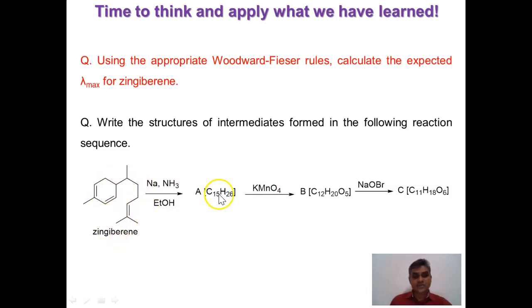So dihydrogingiberine is formed, then it is oxidized and it responds to the sodium hypobromite, and we get here a tricarboxylic acid. The molecular formula of the intermediate products is shown. So students should undertake this kind of exercise to convince themselves about the chemistry of gingiberine molecule.